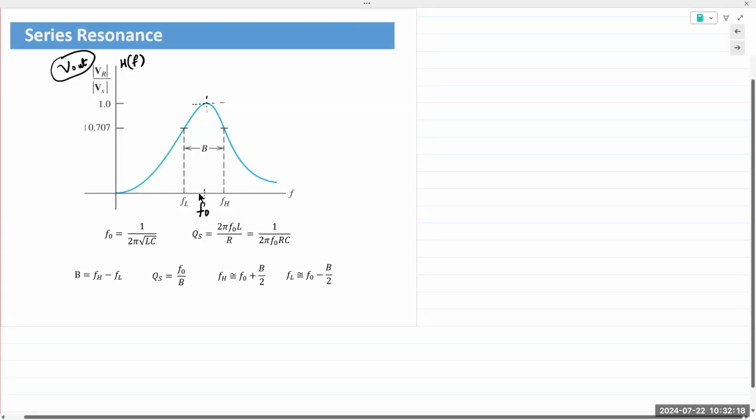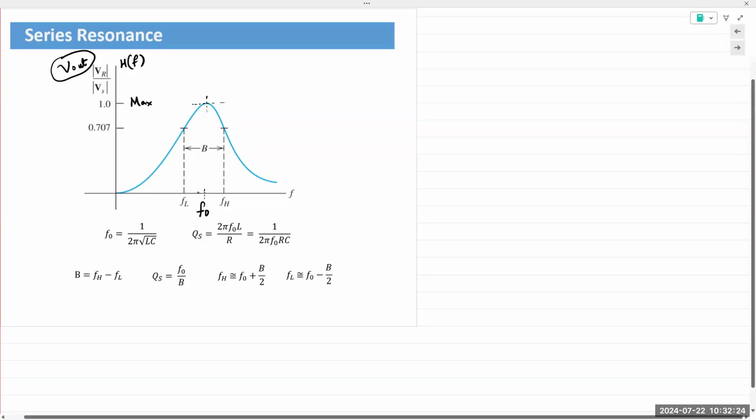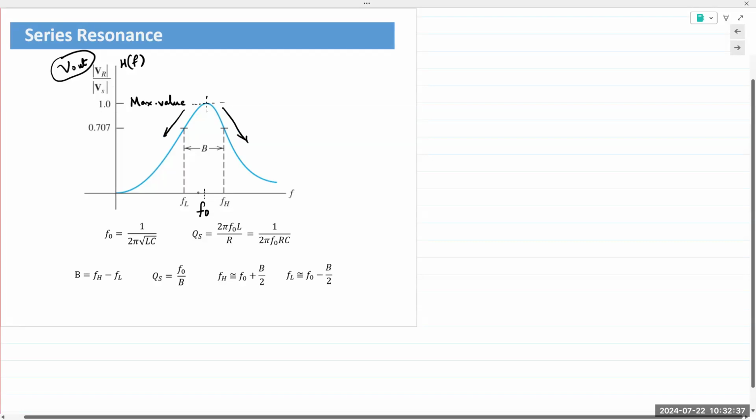Ideal system, of course, max value at F0 would be 1. So this is the max value. And max value is only obtained at the resonant frequency, which is F0. For all other frequencies, the output drops.